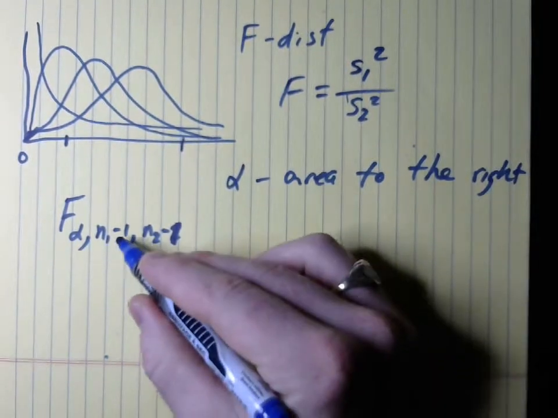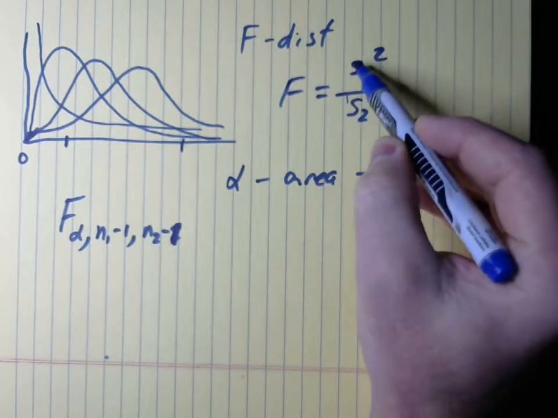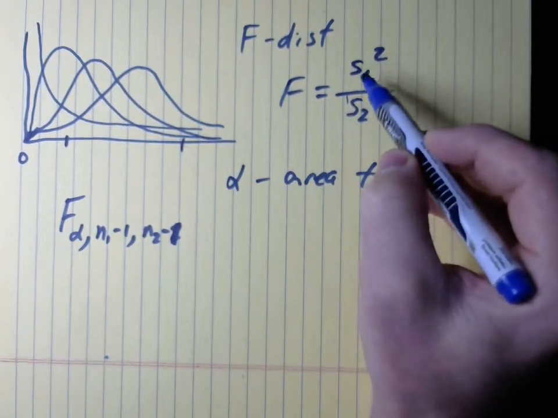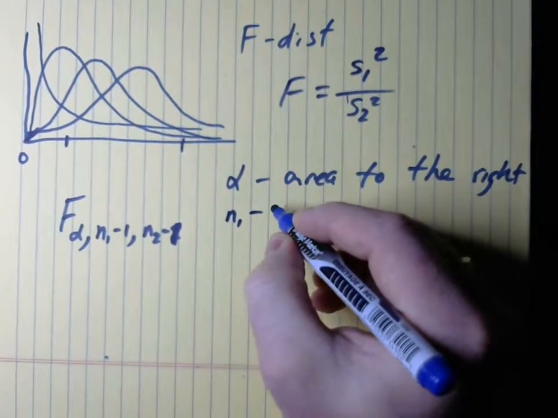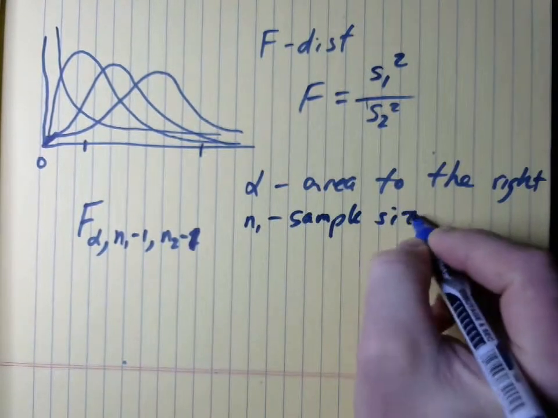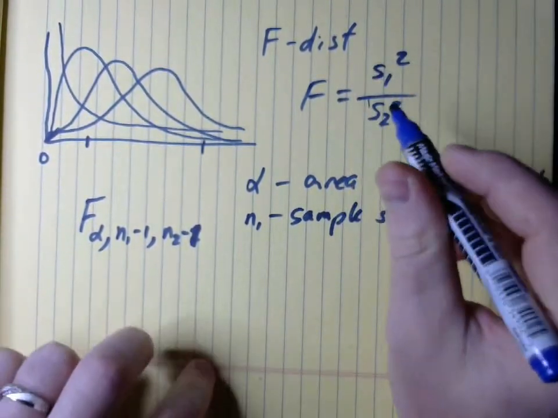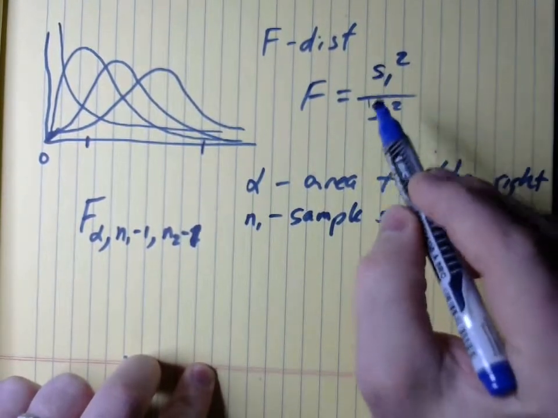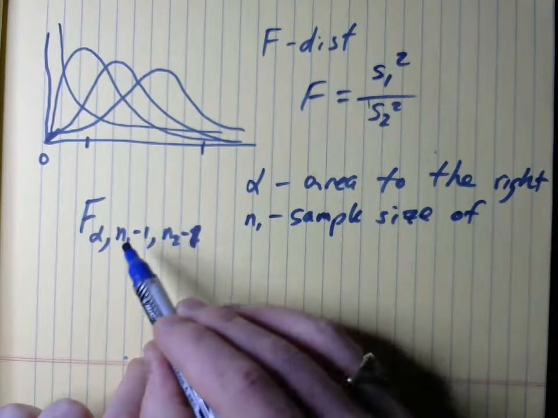All right, N1 minus 1 represents the sample size of the numerator. N1 is the sample size, and numerator means whatever variable you throw up here. It really doesn't matter which one you choose, but you just have to remember, because it makes a difference when you look it up on the chart.